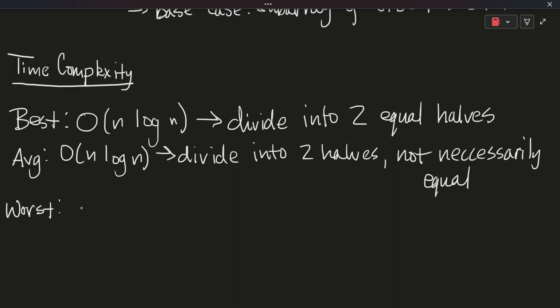And for the worst case, anyone want to take a guess as to what it is? I think it's n squared. Yeah, n squared. And this is when you use quicksort on an array that's already sorted.